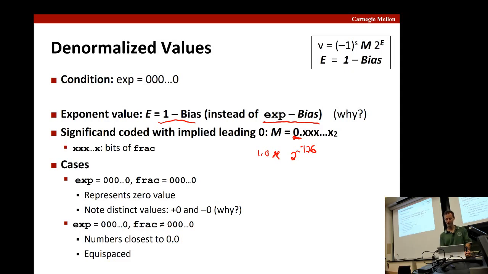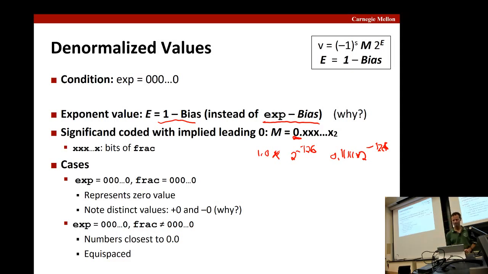It's basically 1 minus 127, so it's 126 again. You might think that's kind of redundant. But notice, because the mantissa starts with 0, I actually get things that are strictly smaller. The largest number I can represent is this one, so it's a perfectly smooth transition. I've gone from 1 times 2 to the minus 126 to something just slightly less than that. That's why this is a 1 and not something else.